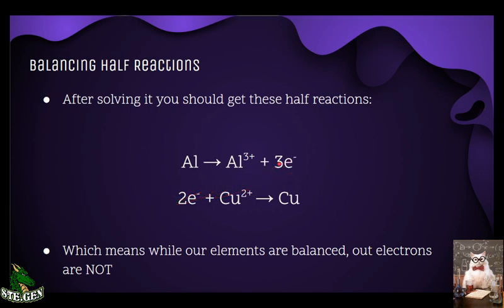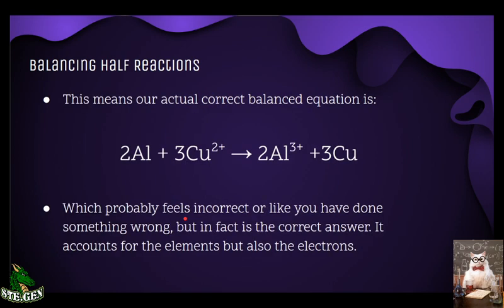That means what we need to do is figure out how many of each piece we need, so that we can get it balanced out. These electrons have to be equal to each other. In this case, we can do that pretty easily by just multiplying the numbers.